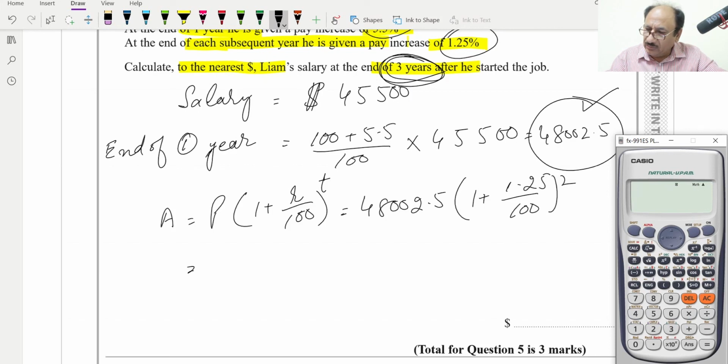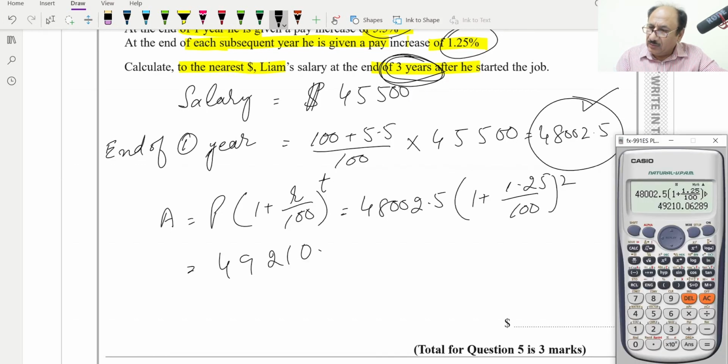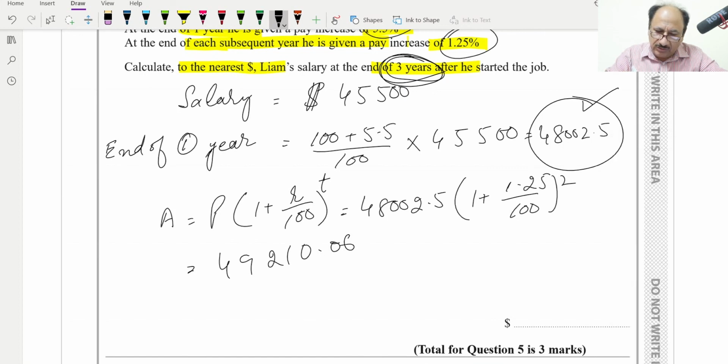So we can write 48002.5 into 1 plus 1.25 over 100, and this will be squared, and this is equal to 49210.0606.